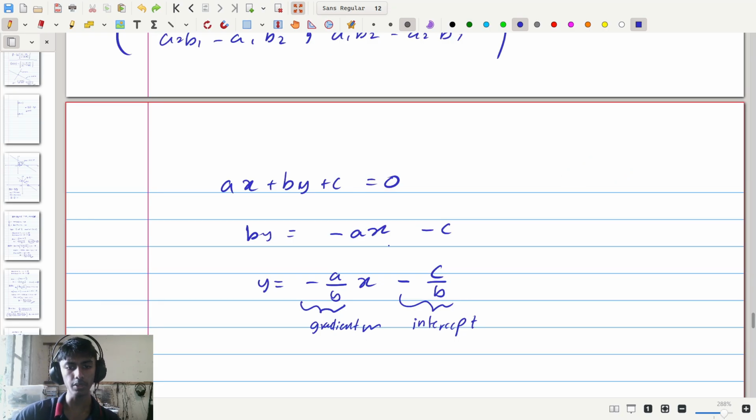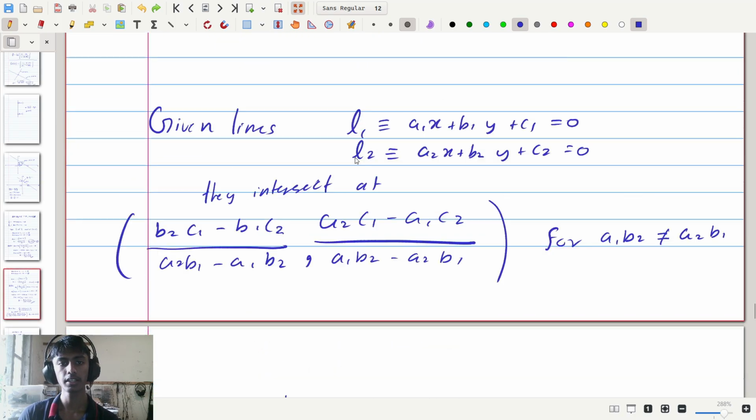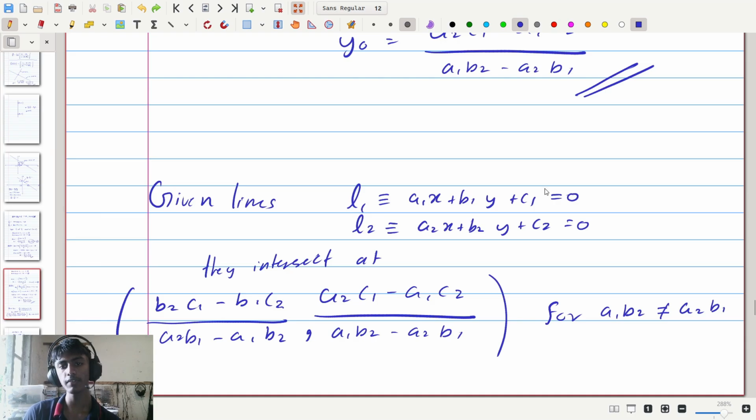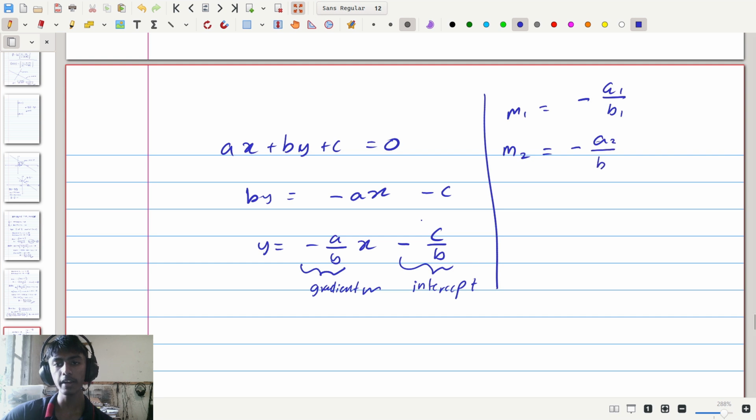Therefore, m1 equal to m2. If we consider the first line a1x plus b1y plus c1, then according to this pattern, the gradient of the first line, which I am going to call m1, is equal to negative a1 divided by b1. The second gradient, which I am going to call m2, is equal to negative a2 divided by b2.